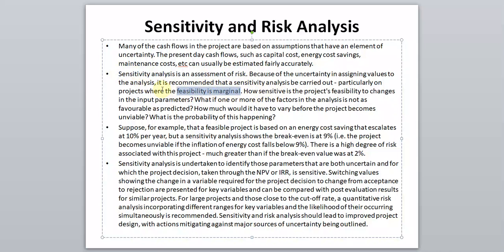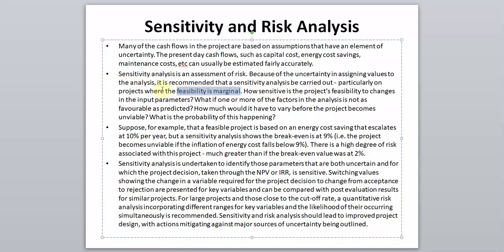What if one or more of the factors in the analysis is not as favorable as predicted? How much would it have to vary before the project becomes unviable? And what is the probability of these happenings? So these are the sensitivity analysis factors.